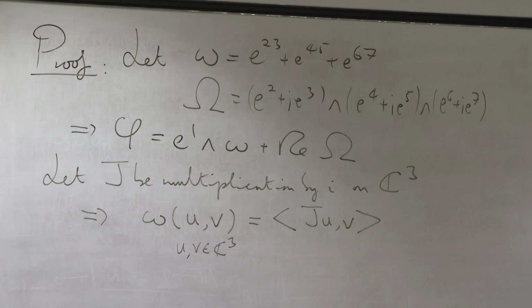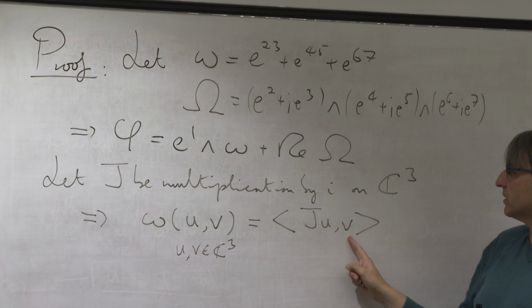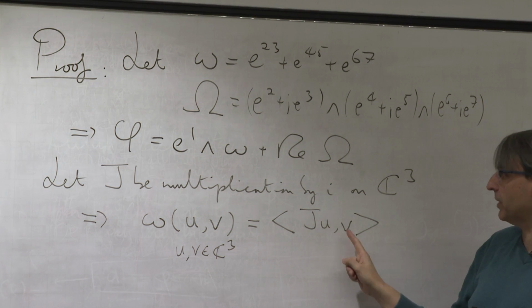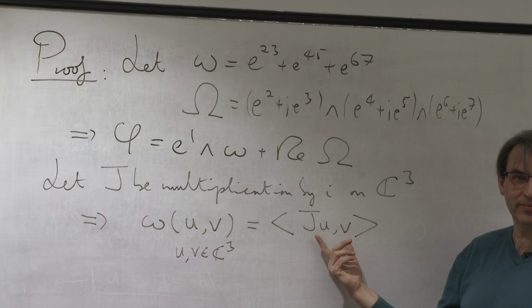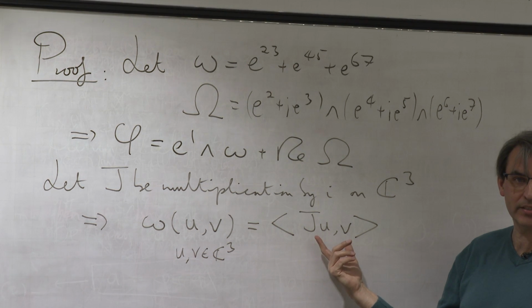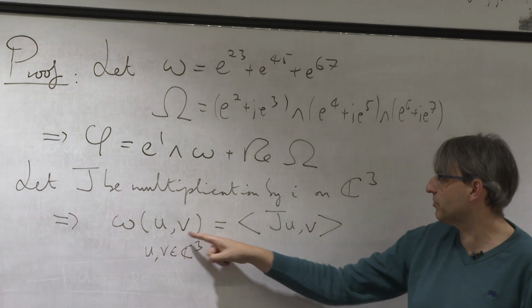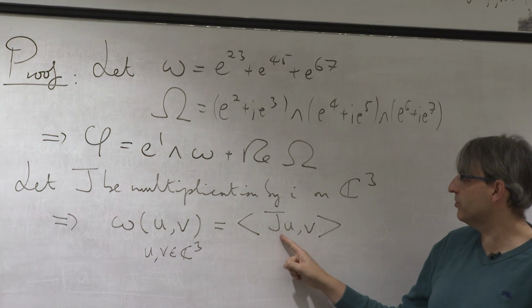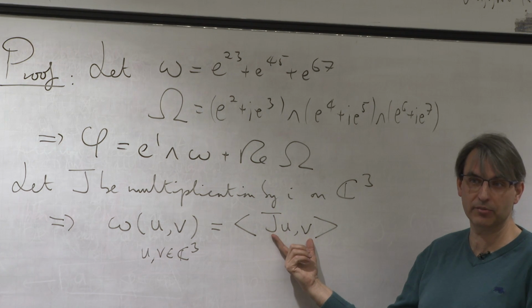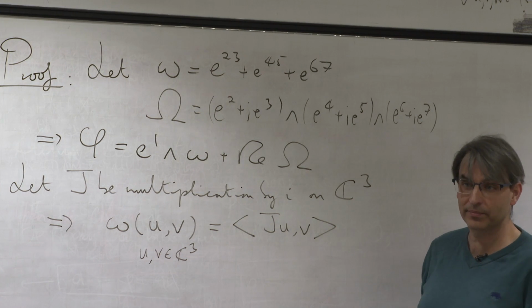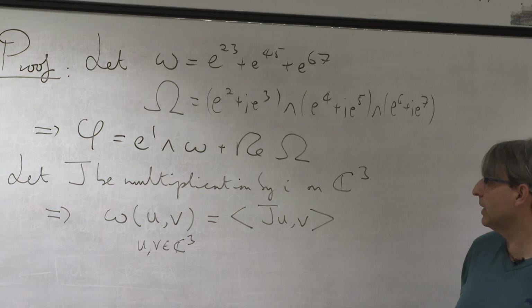Right? Because it's going to take E2 to E3. So if I do E2, E3, I'm going to get 1 from this formula. Make sense? Because if I put u to be E2 and v to be E3, J of it will send E2 to E3, because multiplication by I, right? And then this will just be the inner product of E3 and E3, which will be 1. Okay, so that's going to be true.